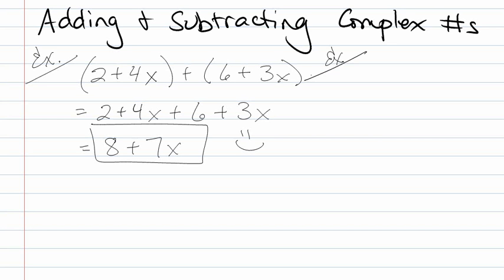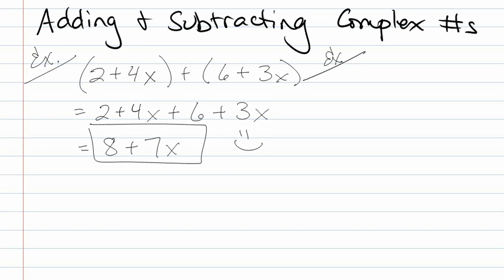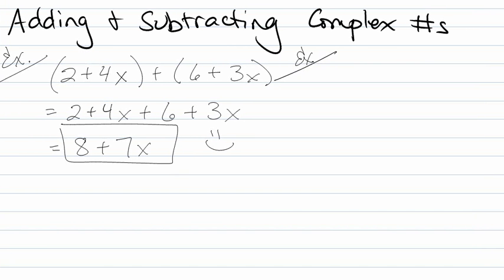Let's take a look at something over here. All right, so try this one. 2 plus 4i plus 6 plus 3i. You're going to treat this just the way that you did with the x, except instead of being x, it's going to be an i.